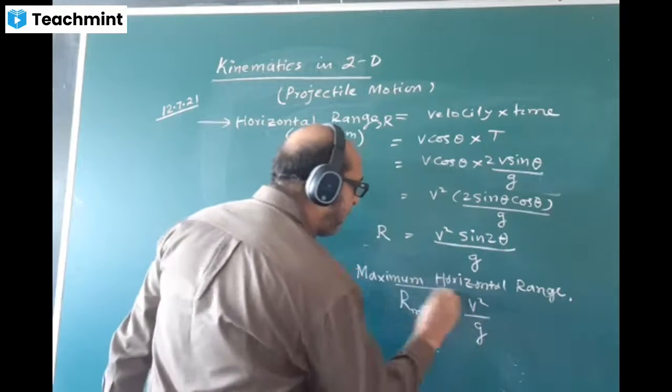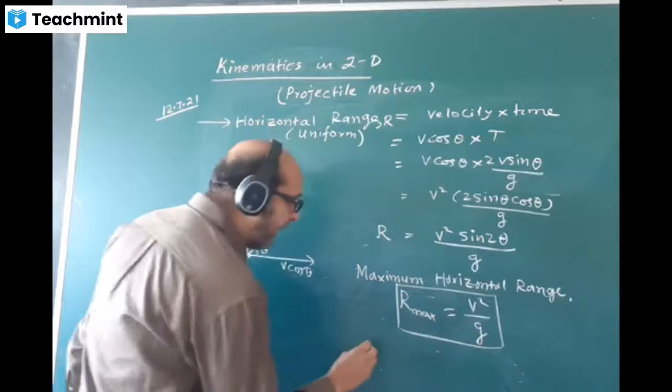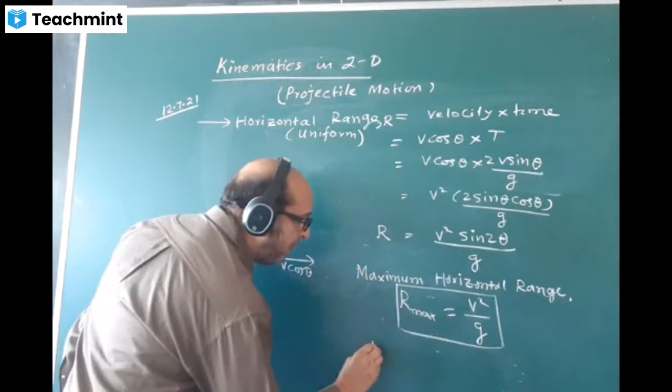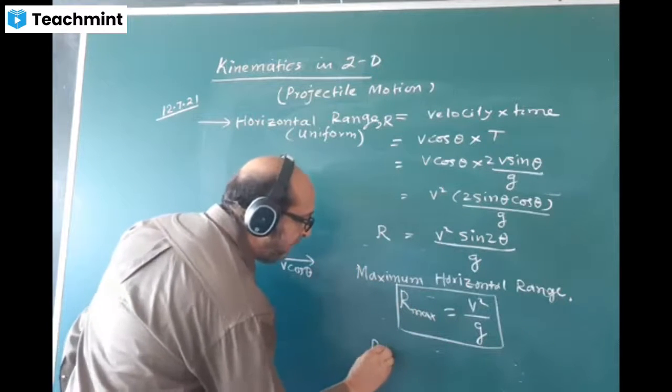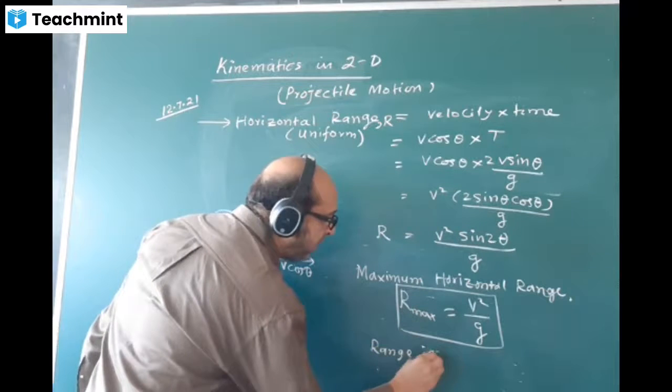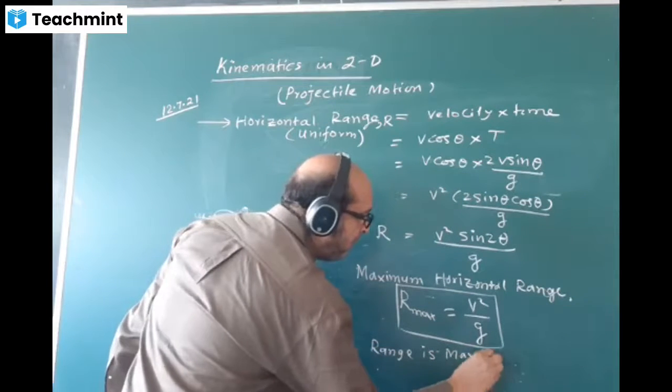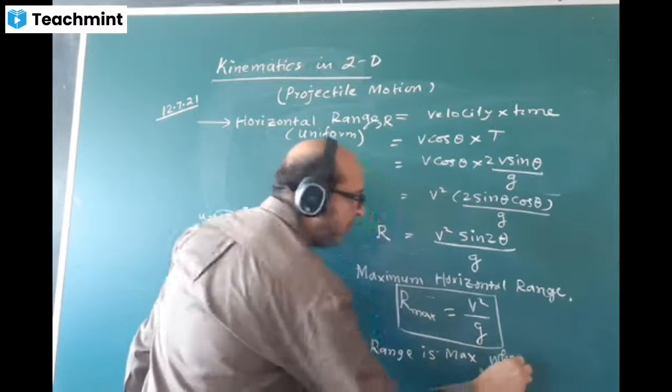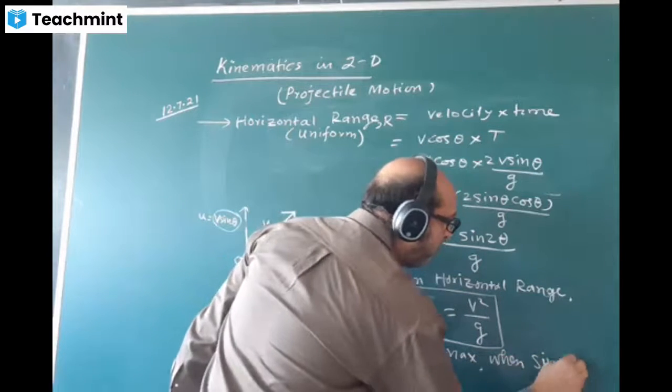So this is the value of R max. And when will this happen? Write down: the range is maximum when sin 2 theta is equal to 1.